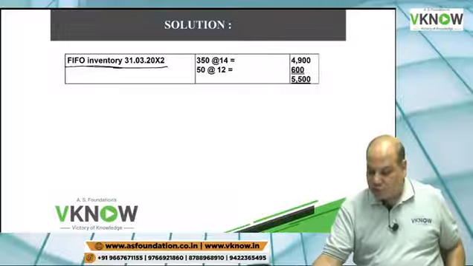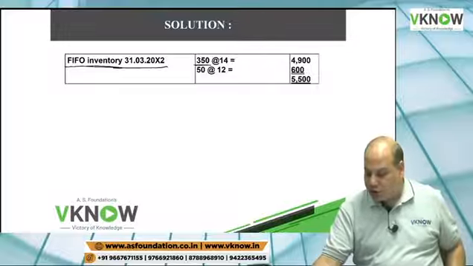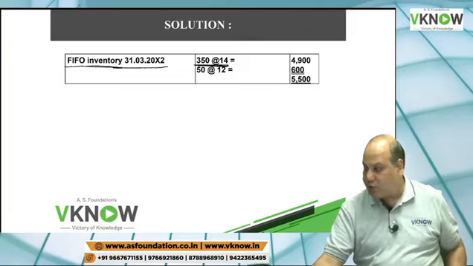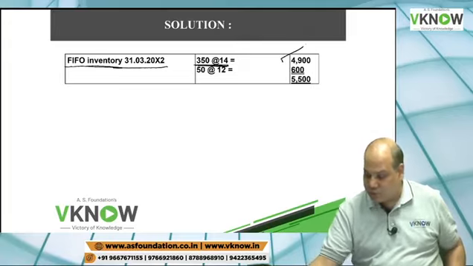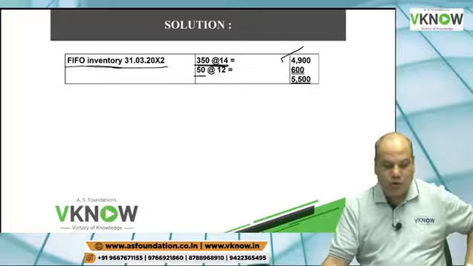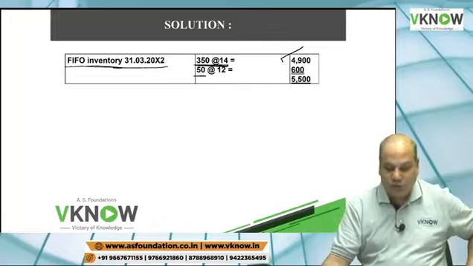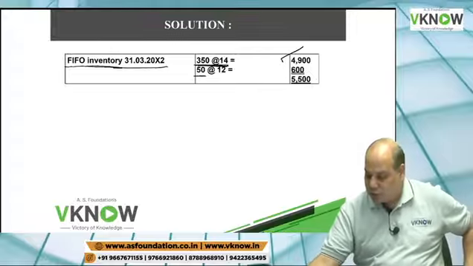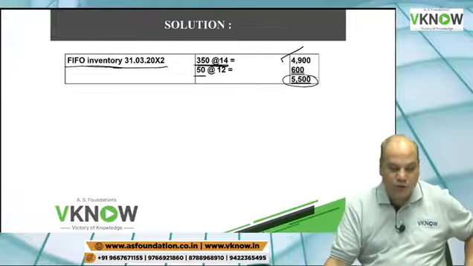Do the reverse working. Last 350 units is there in the stock at 14 rupees. Then before that, you have 50 units remaining multiplied by 12. So that gives me 5500.